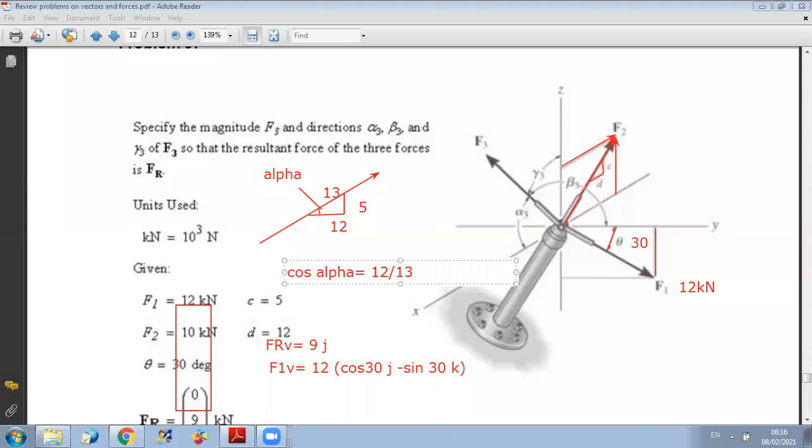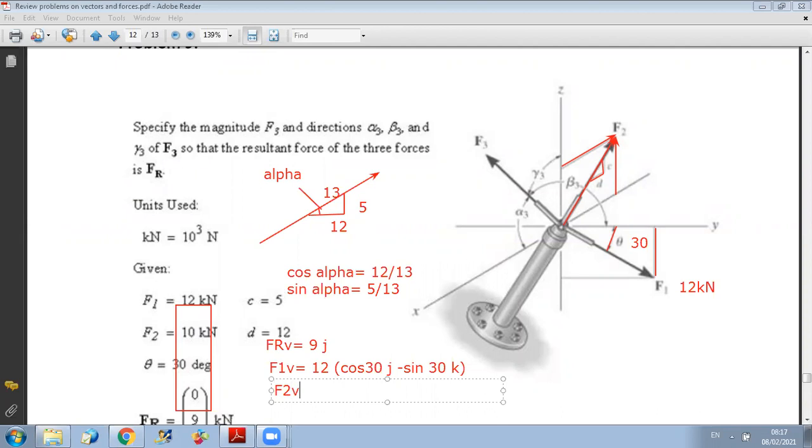No need even to calculate the angle, because I just need its cosine and sine. And sine alpha is 5 over 13.